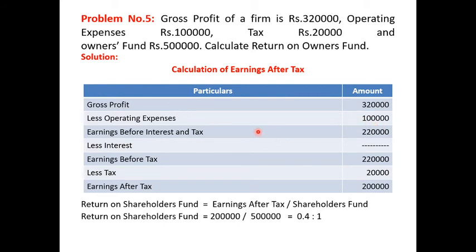From this we need to deduct operating expenses 1 lakh. We will get EBIT that is 2,20,000 and interest amount is not given here. So less interest is nil. Then it is called earnings before tax. From this we have to deduct tax. We are getting earnings after tax.